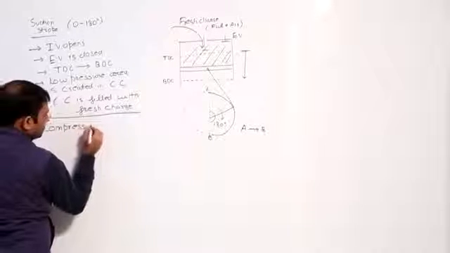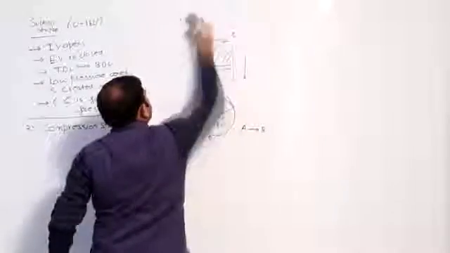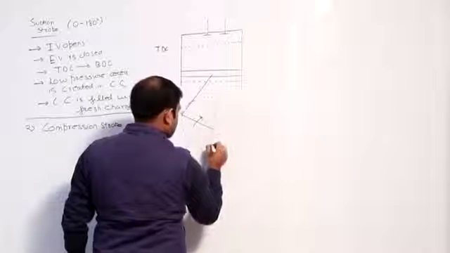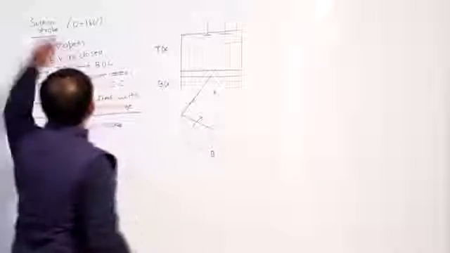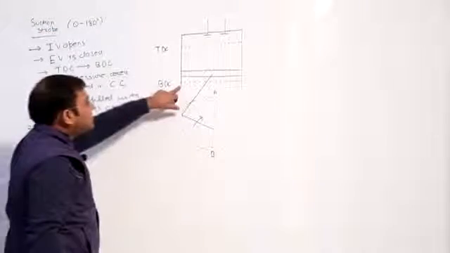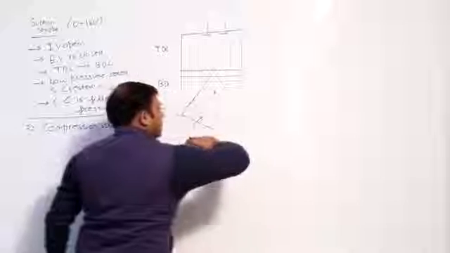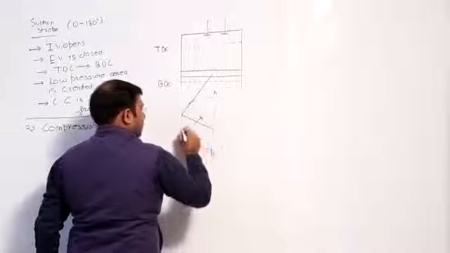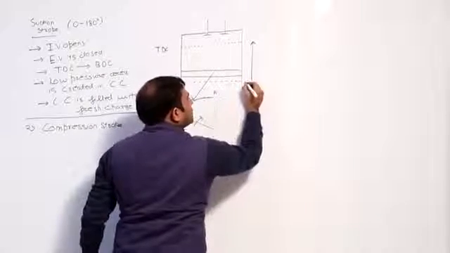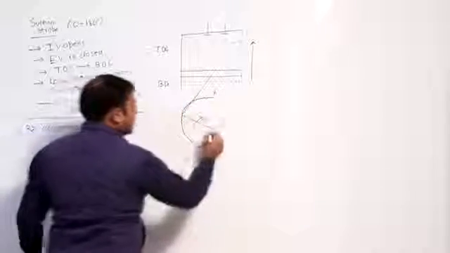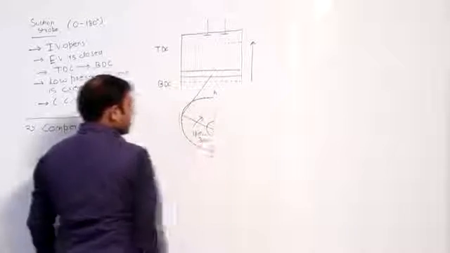Now the second stroke is the compression stroke. Now see what happens in the compression stroke. After the suction stroke, the piston is at bottom dead center and the position of the crank is B. Now the crank is rotating from B to A, and that's why the piston is moving from bottom dead center to top dead center. So it is covering 180 to 360 degrees of crank rotation.